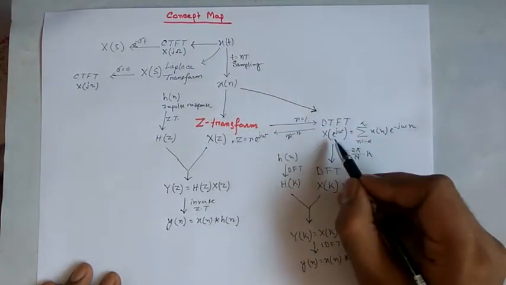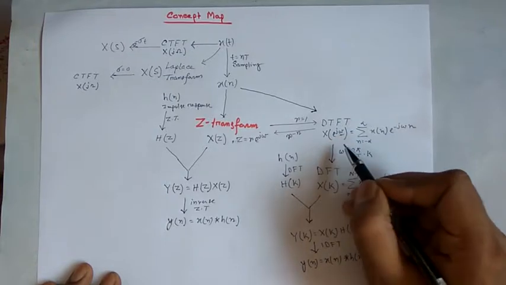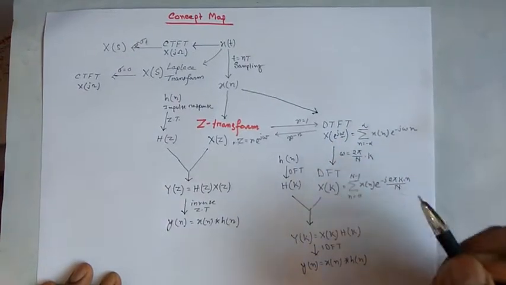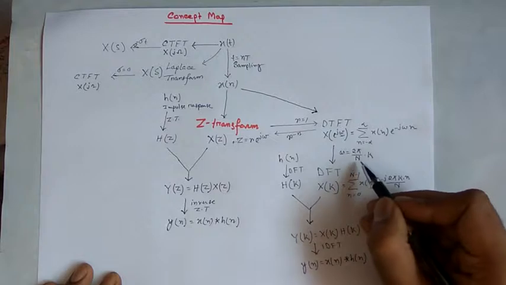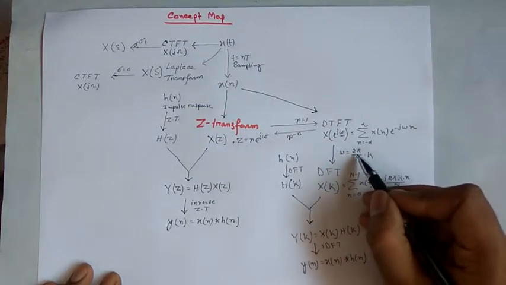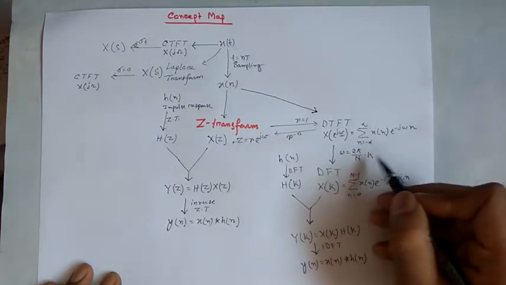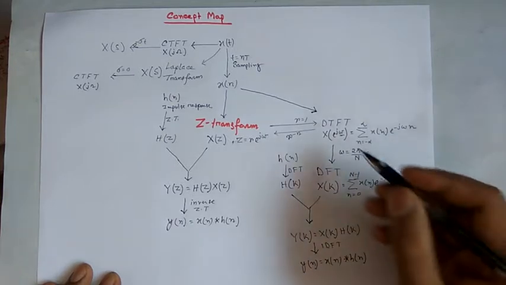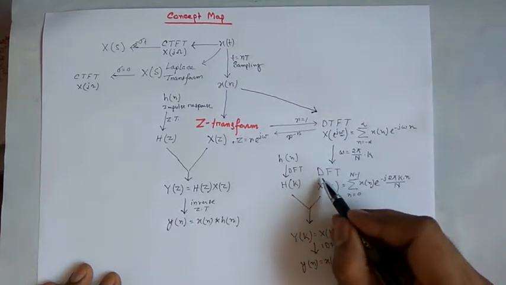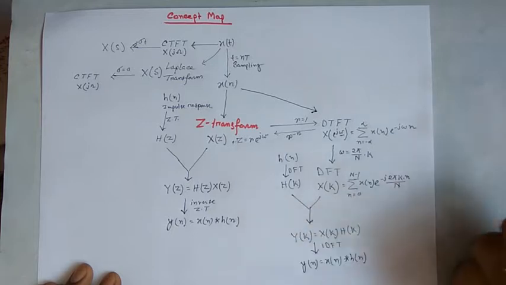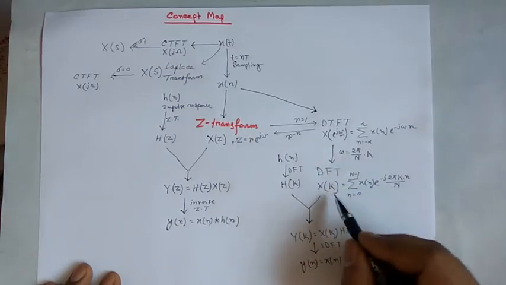Here we see omega is the angular frequency, and if we put omega equal to 2 pi by N into k, then we will get DFT, the discrete Fourier transform. So here is the formula of DFT.